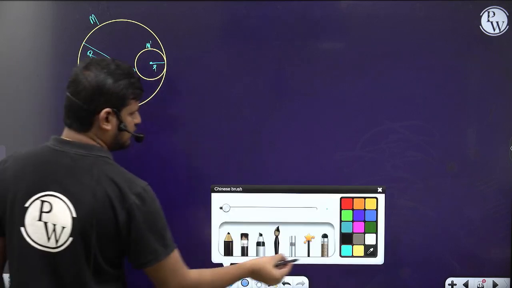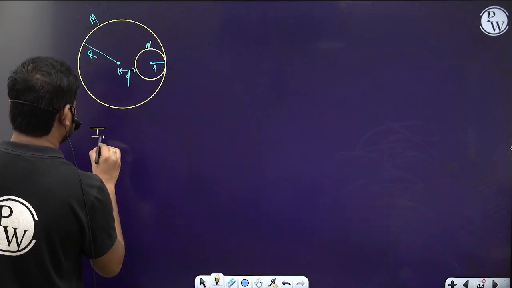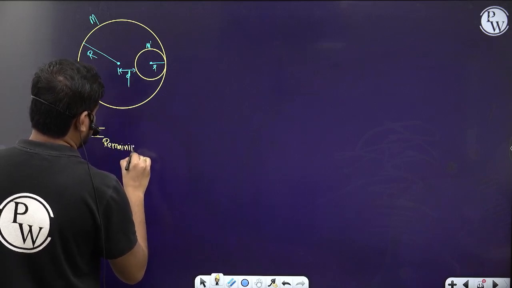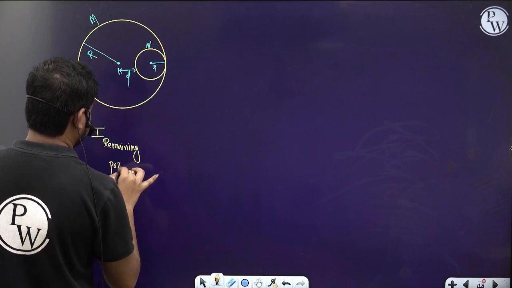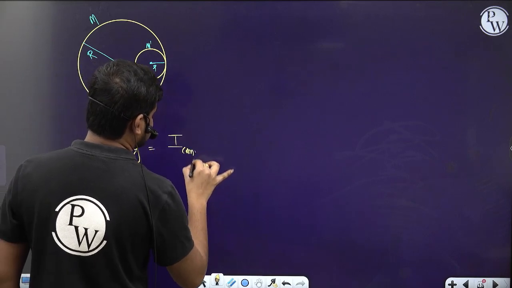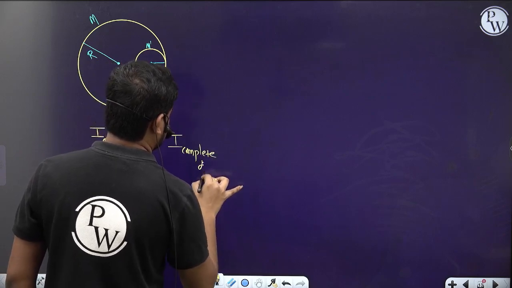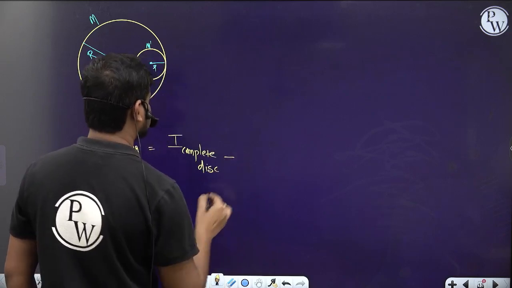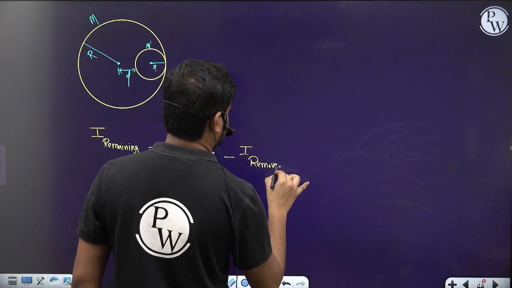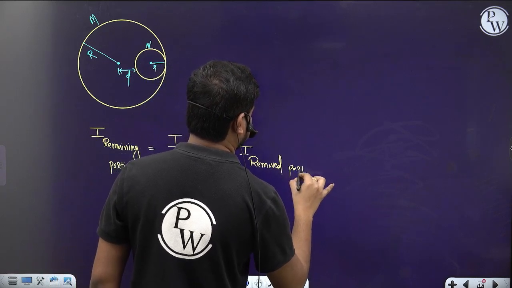Then the moment of inertia of the remaining portion is equal to the moment of inertia of the complete disk minus the moment of inertia of the removed part, right?